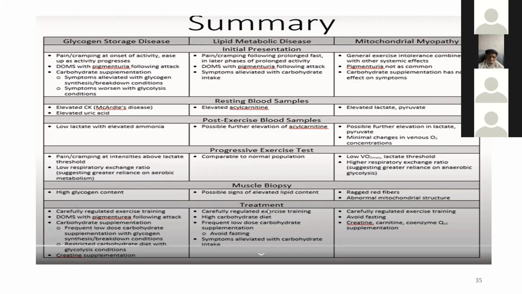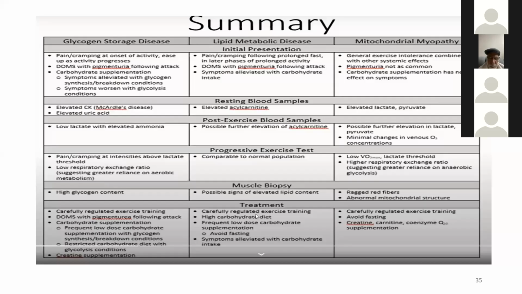About the treatment, it relies on two corners: the carbohydrate diet and the lipid diet, and the exercise adaptation. Glycogen storage disease: frequent low-dose carbohydrate supplementation with glycogen synthesis or breakdown conditions, restricted carbohydrate diet with glycolysis conditions.